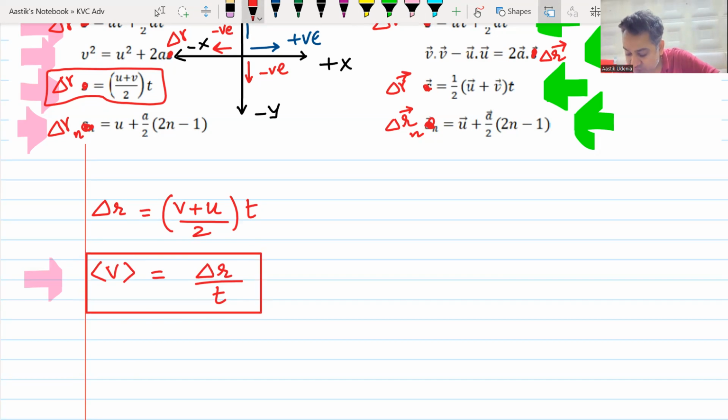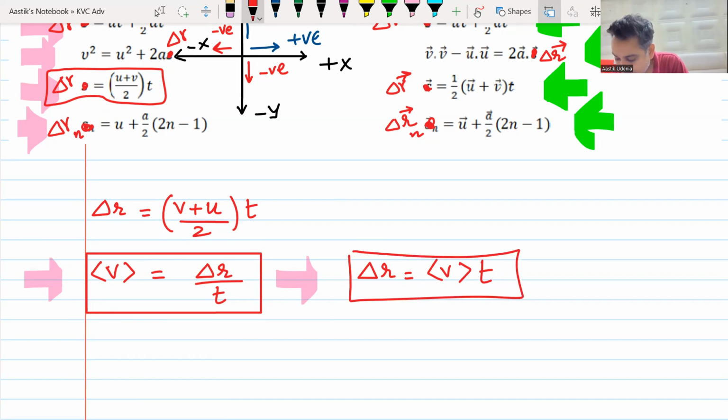Do we know this equation? Yes, sir. Then from this equation, I can write the displacement delta R, I am not writing it as vector, is average velocity multiplied by time. Yes or no?